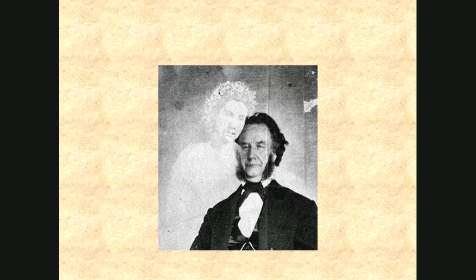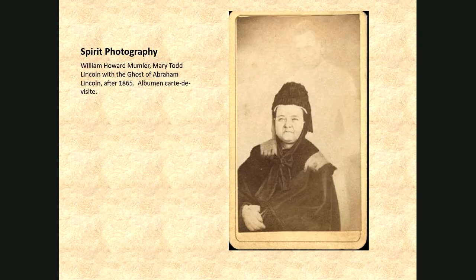The most common way is to do a double exposure. So what you would do is take a picture of Mary Todd Lincoln, print it almost to the exposure that you want it on the paper, and then before you put that through the developer, you take another picture, like maybe an older picture of Abraham Lincoln, and you expose that only for a little bit of time on the paper.